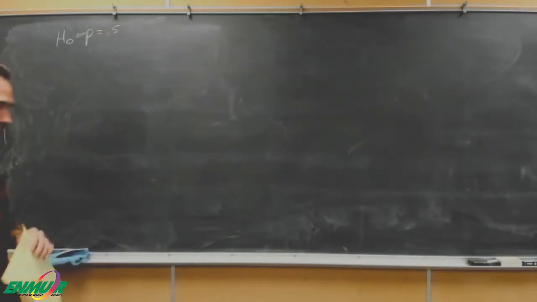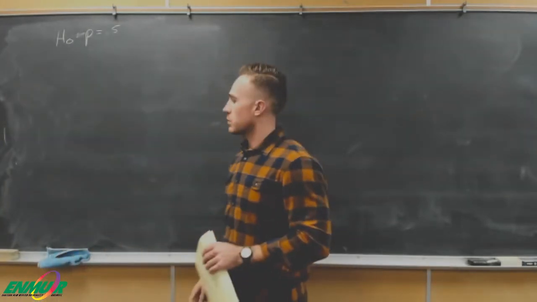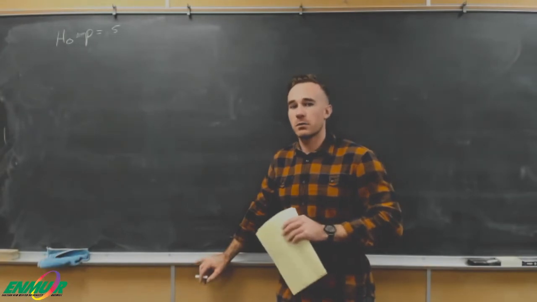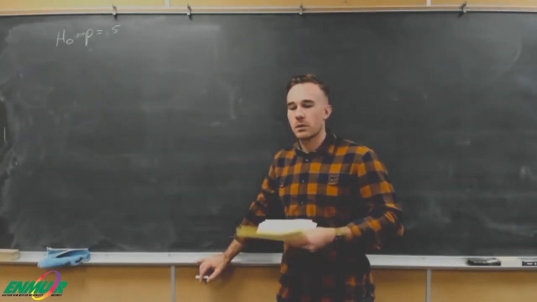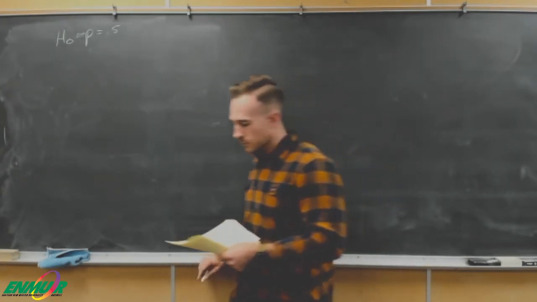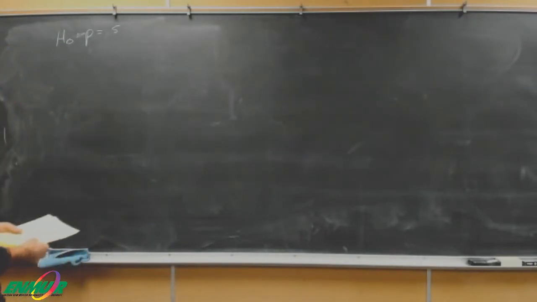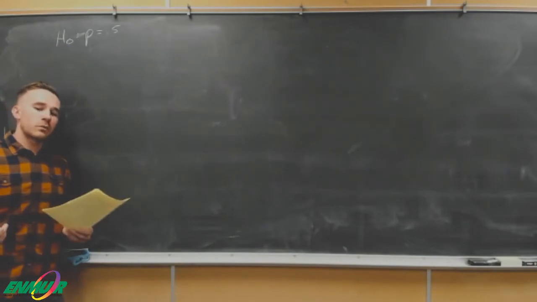Our original claim, our null hypothesis, is that 50% of individuals are uncomfortable with it. Okay, that's our original claim. So if we're going down through our steps, step one is to identify the claim. The claim is that 50% of people are uncomfortable with drone deliveries.